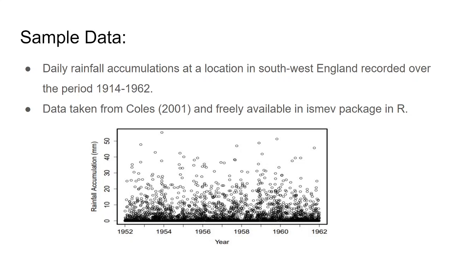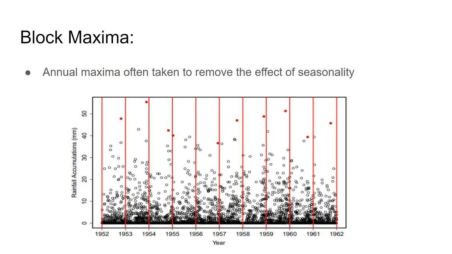So, visualizing this block maxima approach, you can see the data is divided into various blocks. Here we have taken a block of 1 year, so each block corresponds to 1 year.